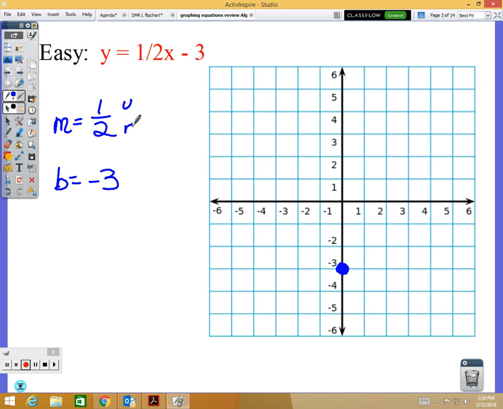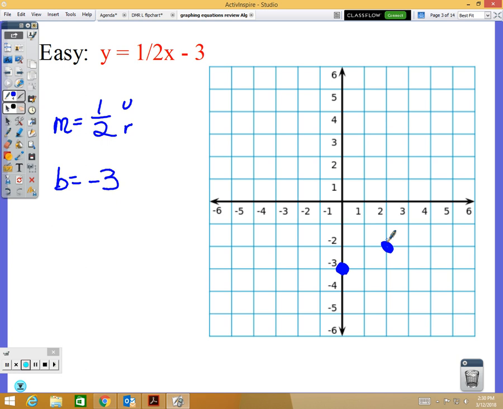It's either going to be upright or downright. Upright or downright? Right. Upright. Okay. Up 1, right 2. And then that would give you your line on IXL. We don't have to worry about making straight lines right now. IXL is going to be making those lines for us.